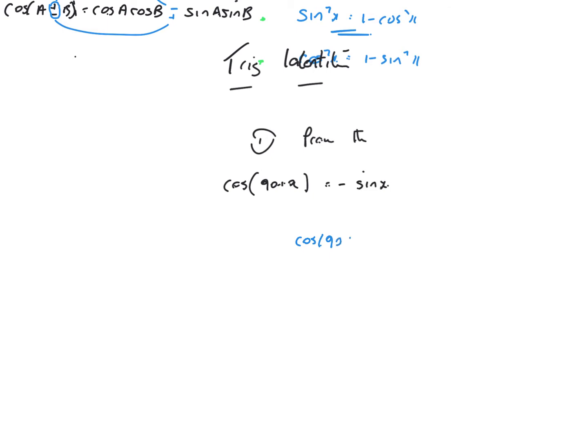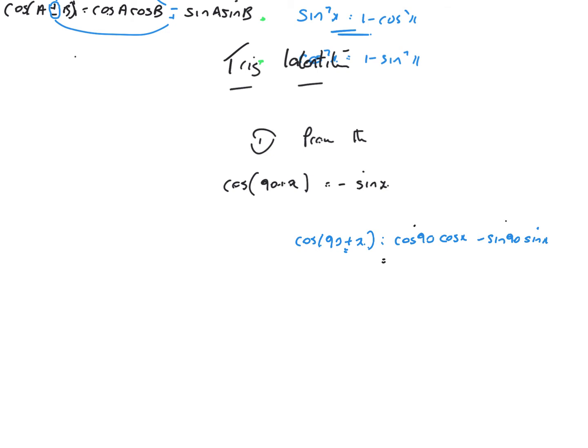So your cos expansion is going to be cos, sin. There's a plus in this expansion, so that's going to be a minus in the middle. So it's going to be cos 90, cos x, minus sin 90, sin x. Okay, then we need to extract our exact values, and this is one of the 15 exact values that you need to know, as is that one. Okay, so cos 90 is equal to 0.